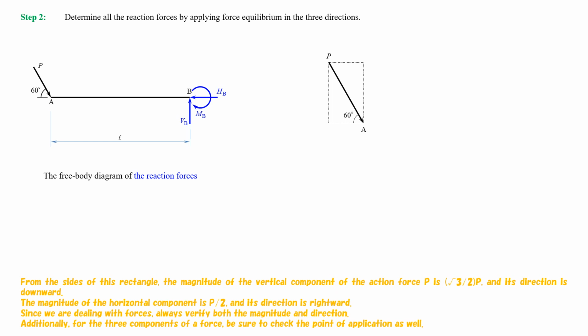From the sides of this rectangle, the magnitude of the vertical component of the action force P is the square root of 3 divided by 2 multiplied by P, and its direction is downward.